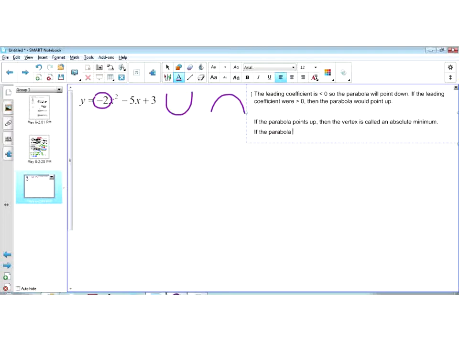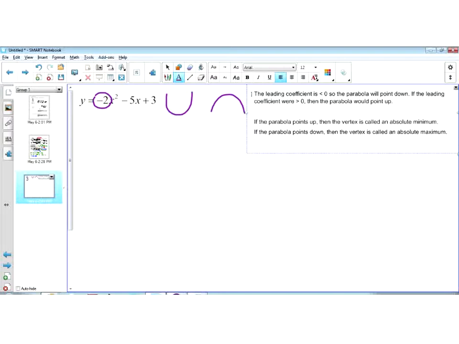Otherwise, if the parabola points down, then the vertex is called an absolute maximum. So in this case, the vertex that we calculated on the previous page will be an absolute maximum. That means that no other point on the parabola will be above this point. This point is the peak of the parabola.